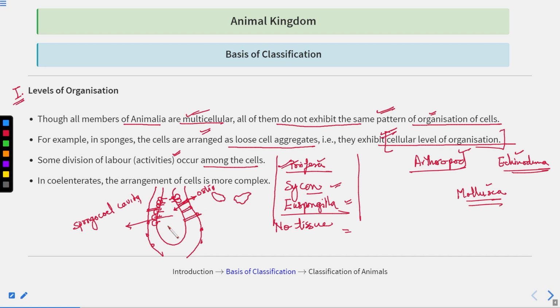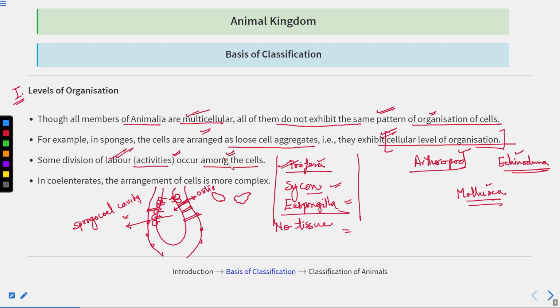The water moves inside the spongocoel cavity, and this water has lots of oxygen dissolved in it and the food material. So that is taken by these choanocyte cells or the collar cells. So here we see the division of labor, that is, the division of activities among the cells.